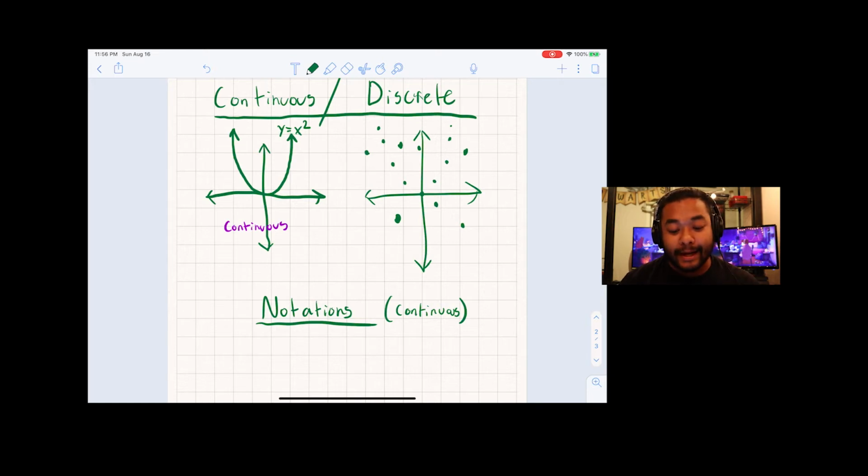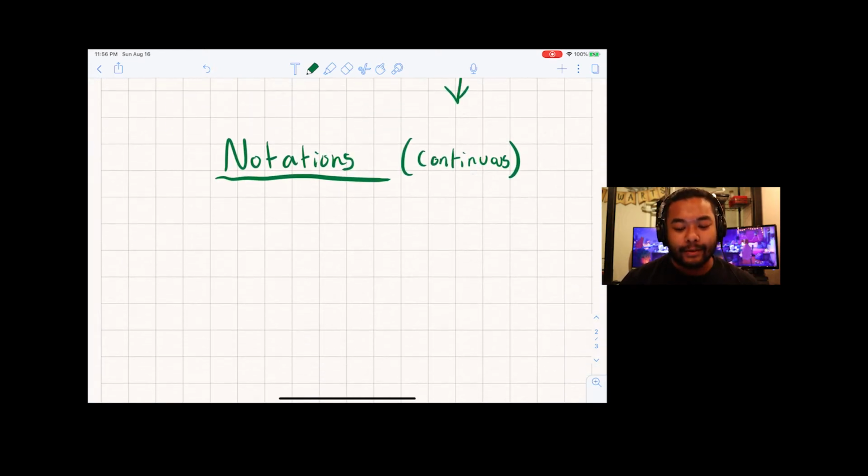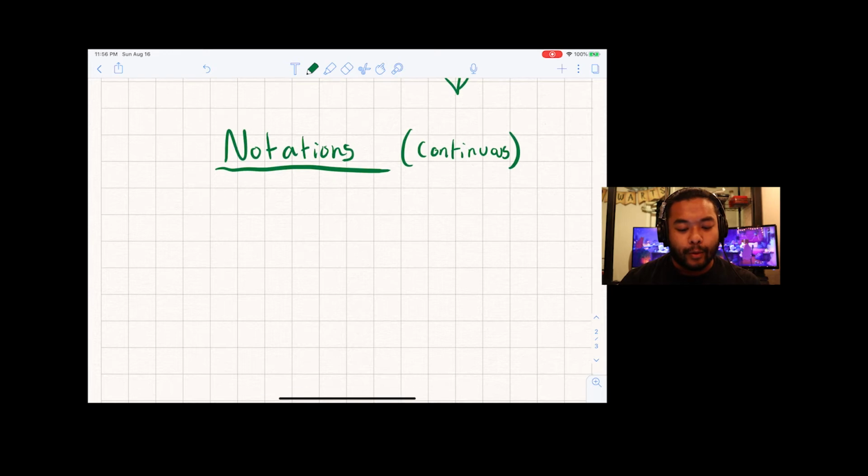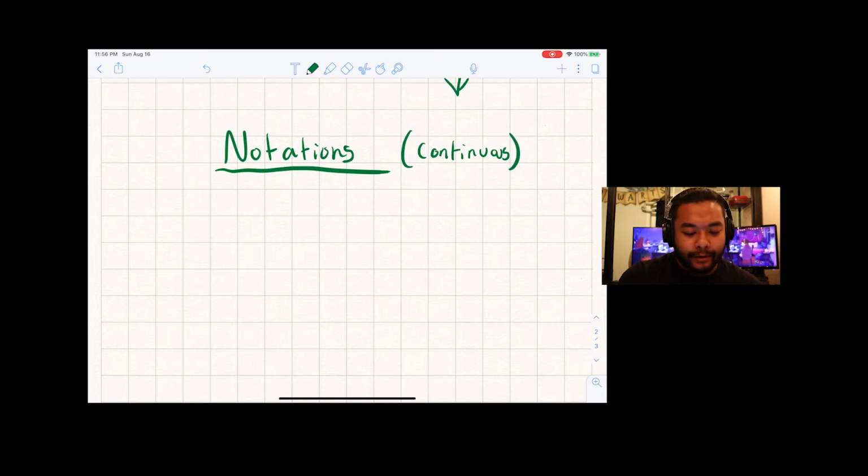But we'll do one at a time. First, notations for continuous. And the possible kinds of notations are the same for both. So we already covered the first kind of notation. And that's, can you describe what is the domain, what is the range in words? Can you describe it in words?